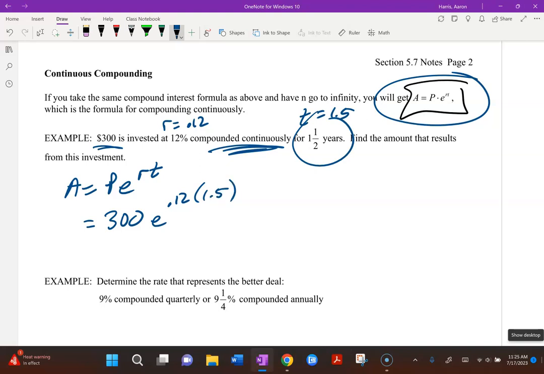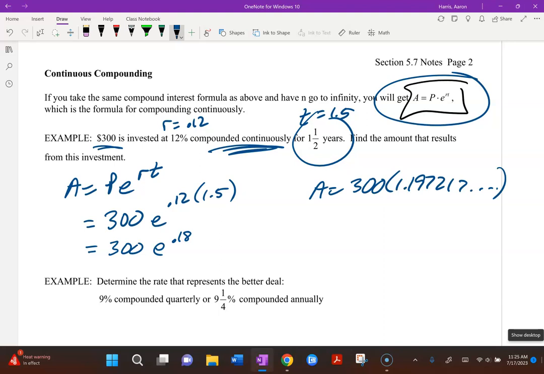So we're going to go 0.12 times 1.5, which gives us 0.18, and then I'm going to go e to that 0.18. If I can find my e key. And so I get 1.197217, blah, blah, blah.